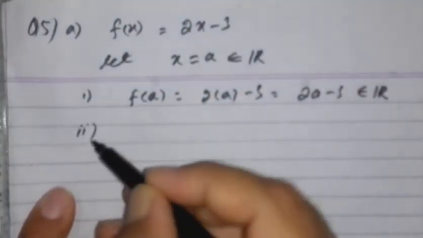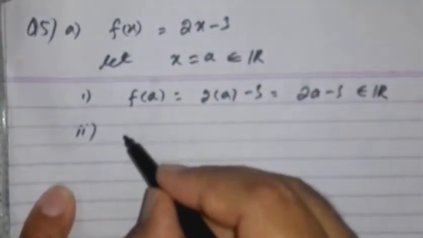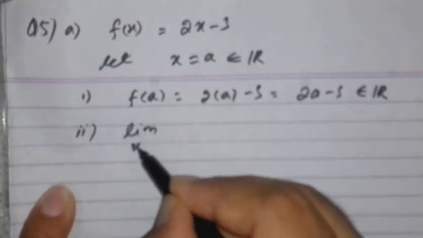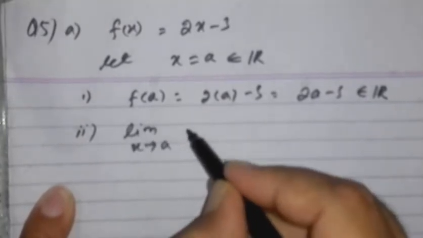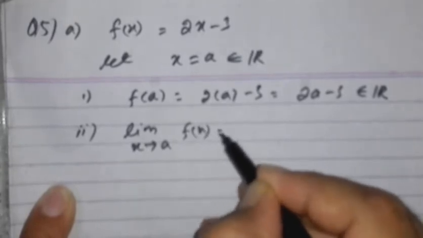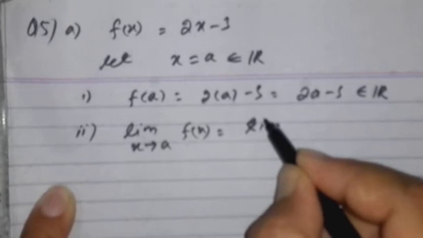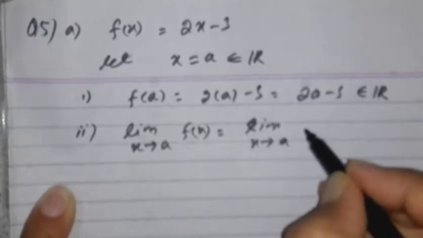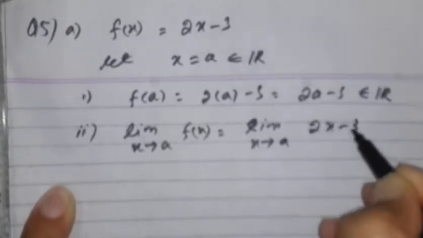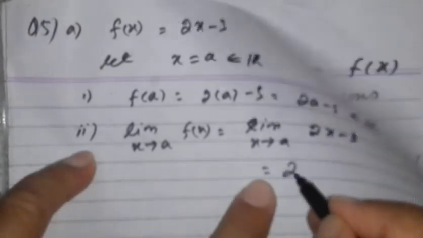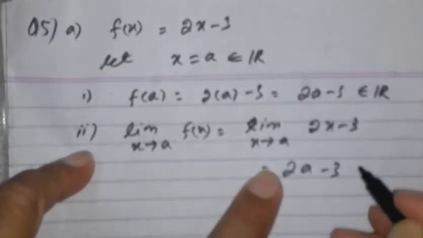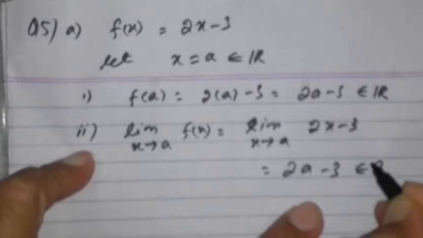The second condition is to take the limit as x approaches a of f of x, which we can write as the limit as x approaches a of 2x minus 3, which equals 2a minus 3. This also belongs to R.